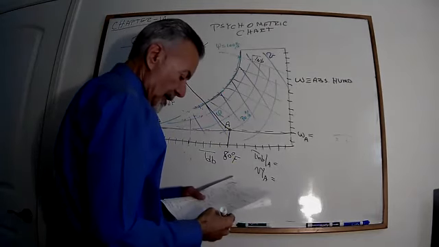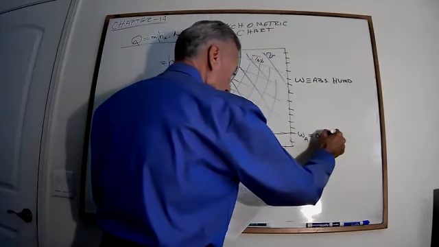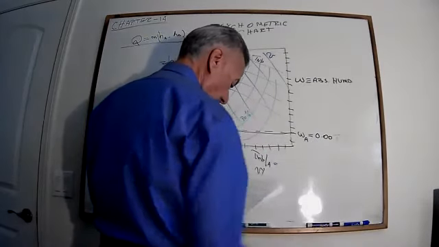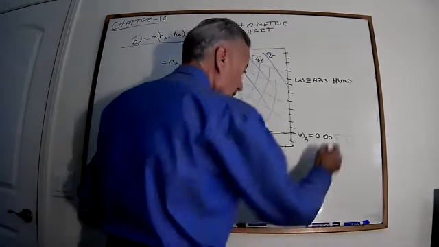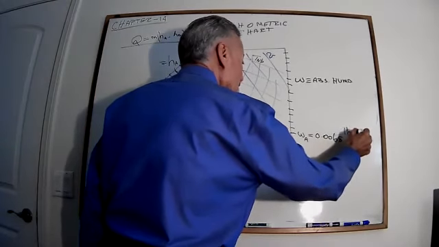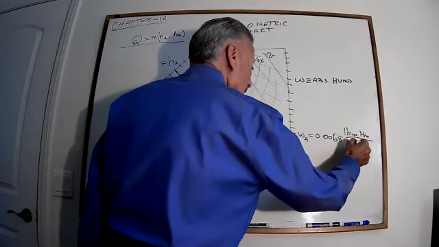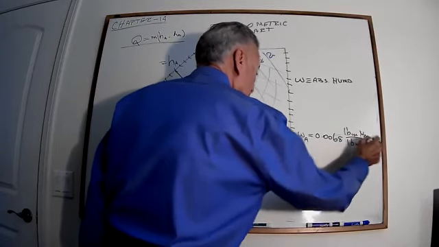In this case, my omega becomes 0.0068 pound mass of H2O per pound mass of dry air.